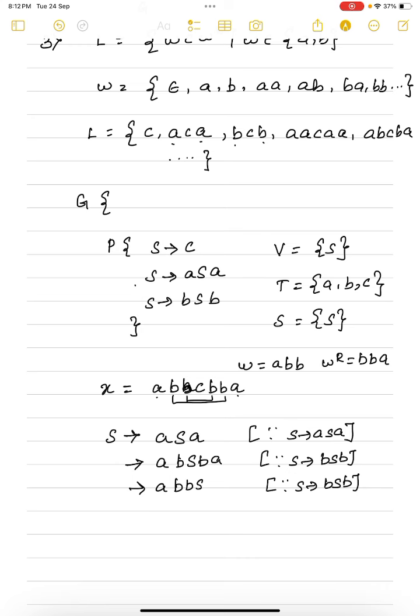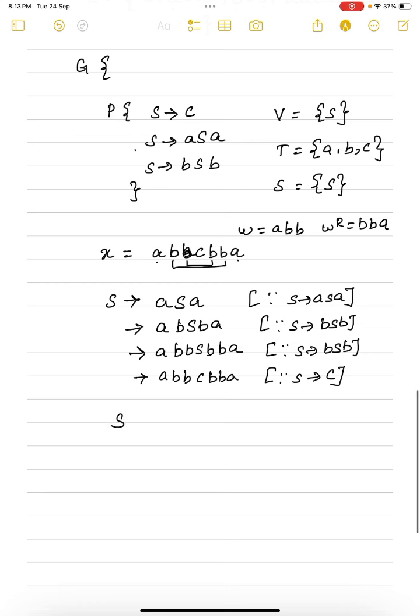So bSb, and I'm copying this. Now for this S, I have derived abb, bba. Now for this S, I can use the first one: abb c bba. S goes to c.